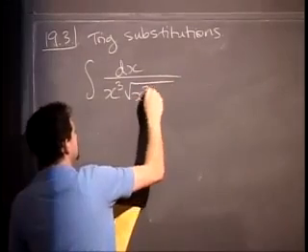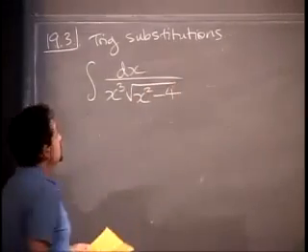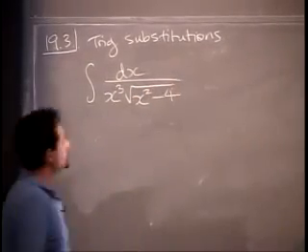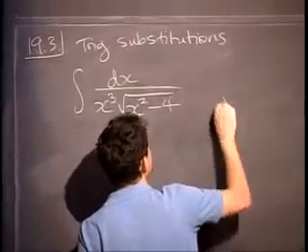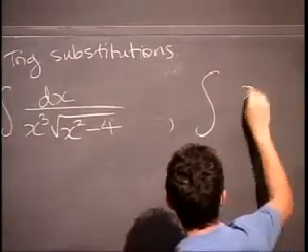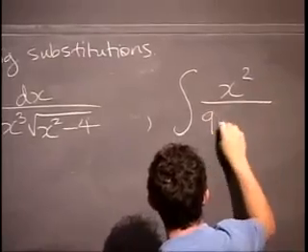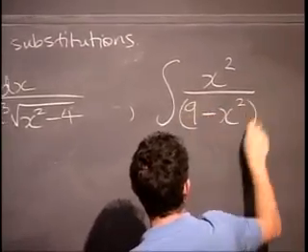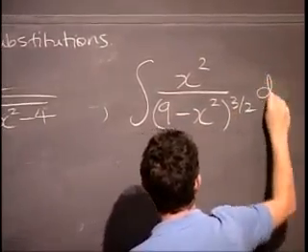dx over x cubed, square root of x squared minus 4. So that's one integral. x squared over (9 minus x squared) to the 3/2 dx.